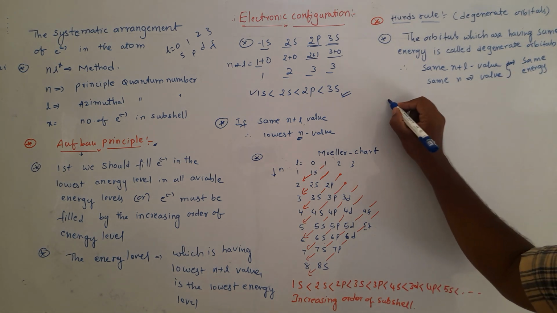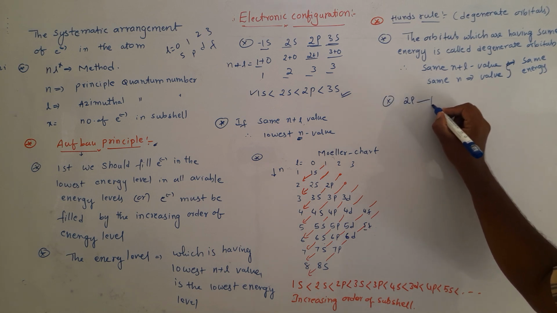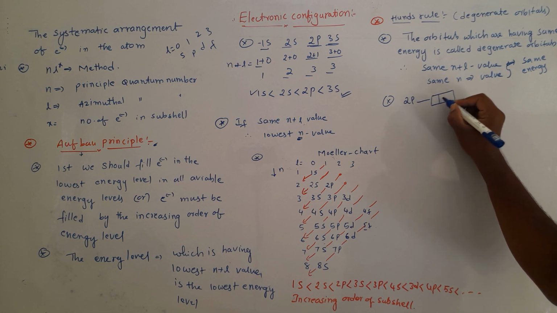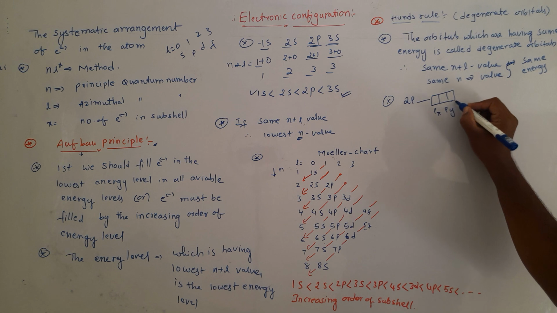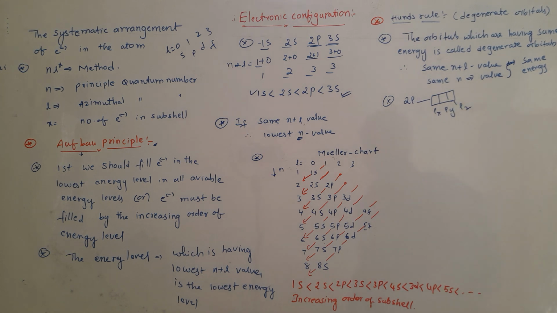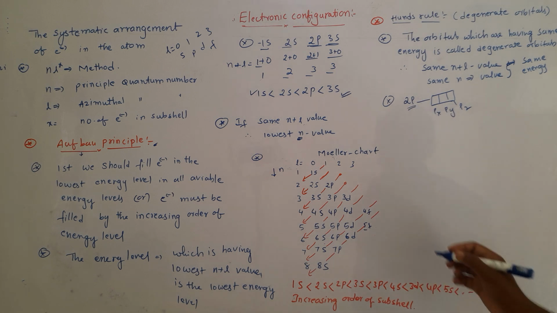For example, 2p is there, so we already know the p subshell contains 3 orbitals, that is px, py and pz. So these are the 3 orbitals present in the 2p subshell.